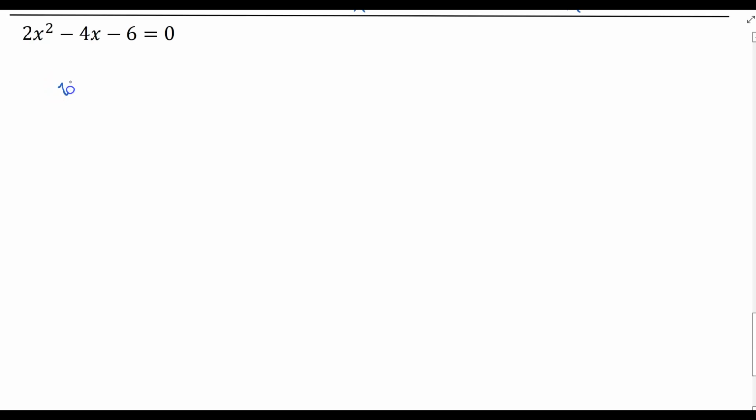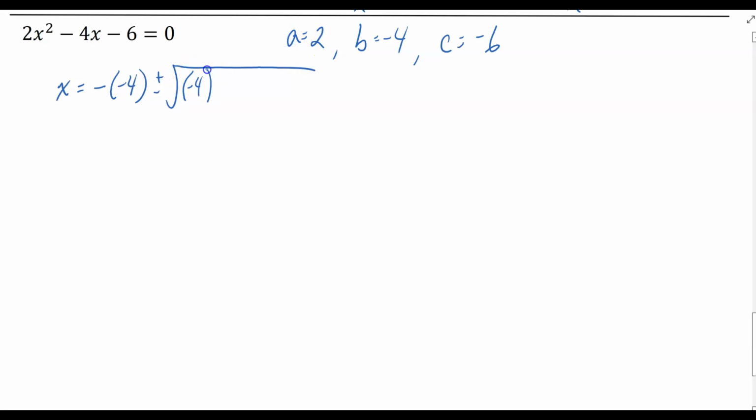All right, so x equals minus b, which is minus 4, plus or minus the square root of b squared minus 4 times 2 times minus 6, all over 2a, which is 2 times 2.